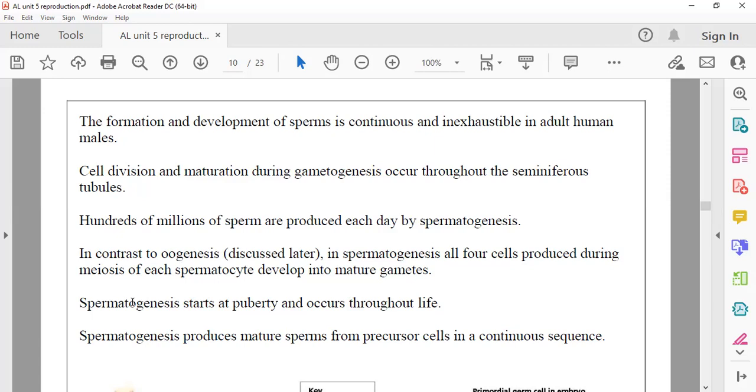No. In females, ovulation is in a limited age duration only. You can notice that. Okay.